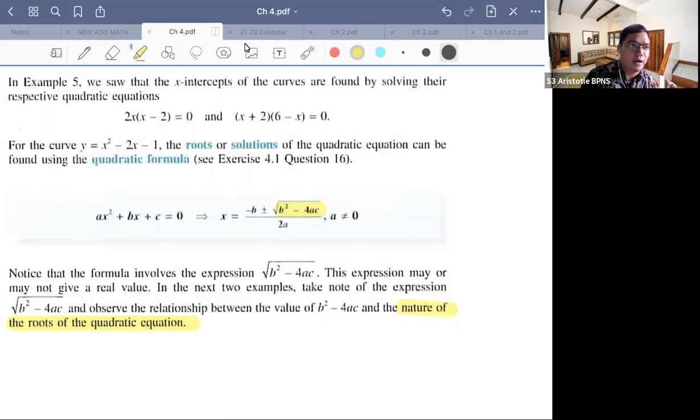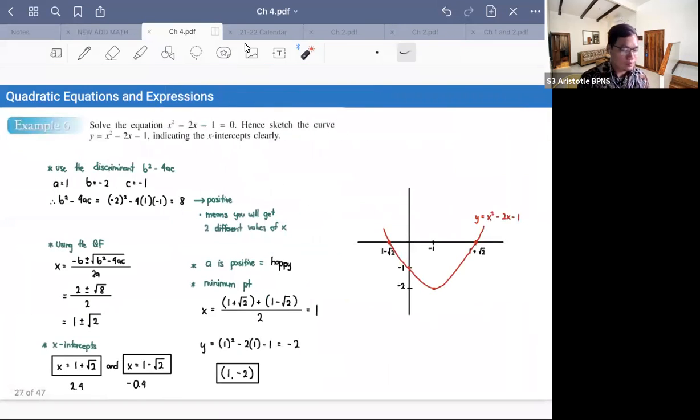And it also tells you if you have no answer at all within an equation. So using b squared minus 4ac at least lightens up your work because it tells you if there's an answer, if there are two answers, or if there's no answer at all. So it determines the nature of the roots. Now let's have an example.